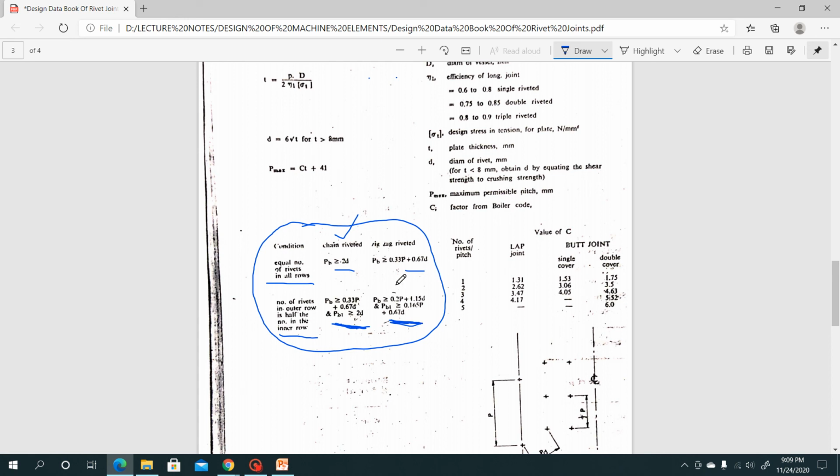In the problem, which condition is given to you? If no condition is given to you, you can assume an equal number of rivets in all rows. But if a specific condition is given to you, you have to read the problem thoroughly. From that part, you have to pick that particular condition. Accordingly, you have to get the value of PB for chain riveted and zigzag riveted joints. Is it clear? Did you understand how I will find PB and PT?